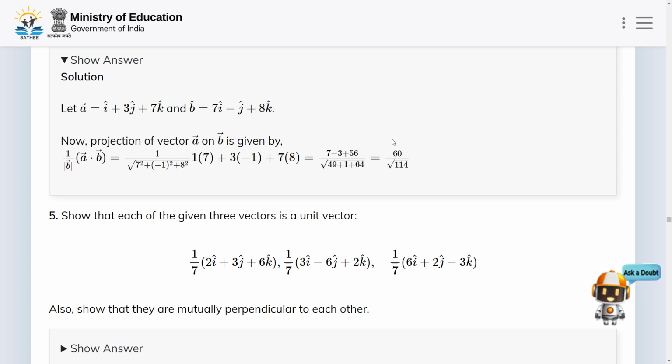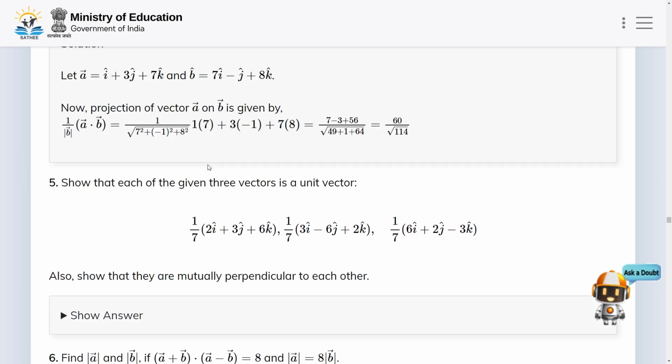So the projection of vector A on vector B will be this. Magnitude will be this, and direction can be found by using a visual representation of these two vectors and how we are going to project it.